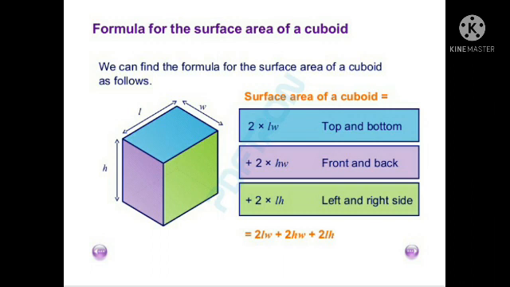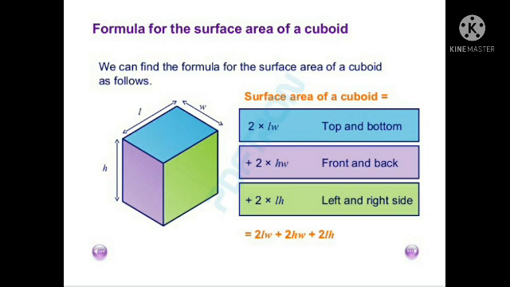Okay, and then we have finally calculated the area of all the 6 sides. So on adding this up, we will get the formula for calculating the surface area of a cuboid. Finally, what does the surface area of a cuboid become?